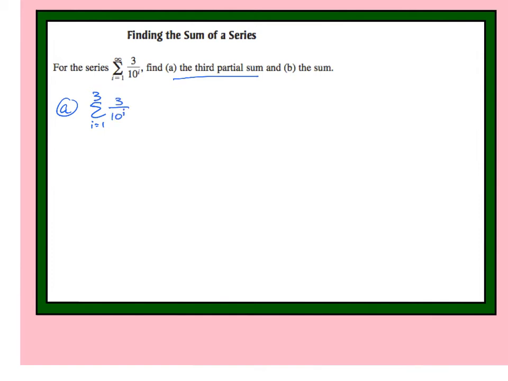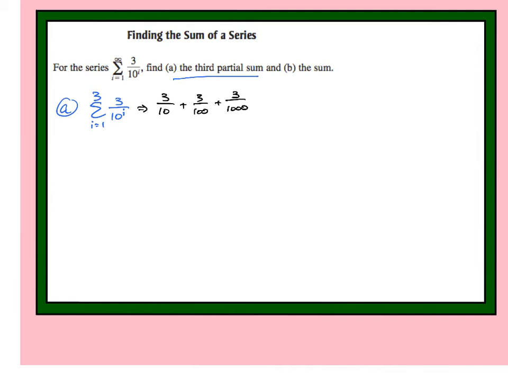So I substitute in 1. What do I get? 3 over 10. Plus, now I substitute in 2. So what do I get? 3 over 100. And then I substitute in 3, and I end up with 3 over 1,000.